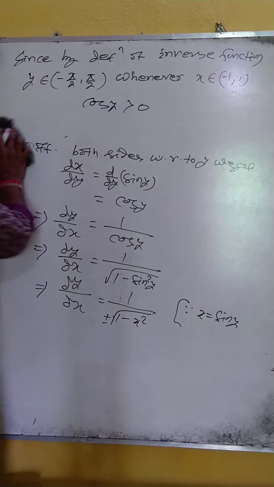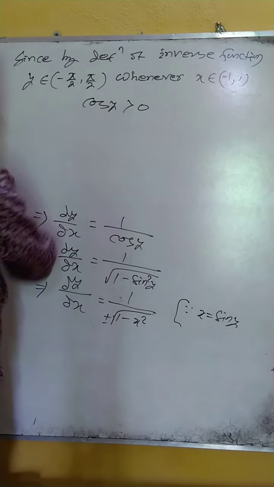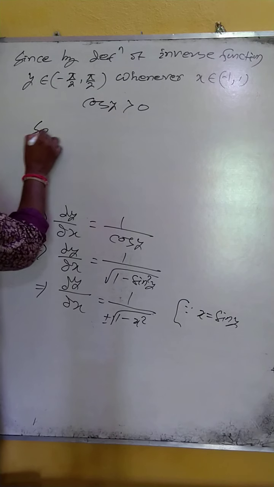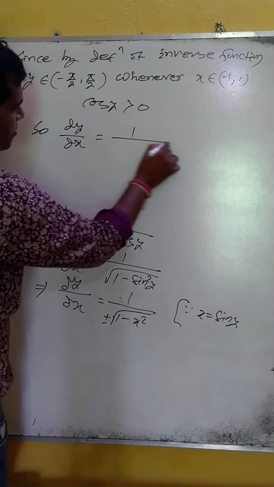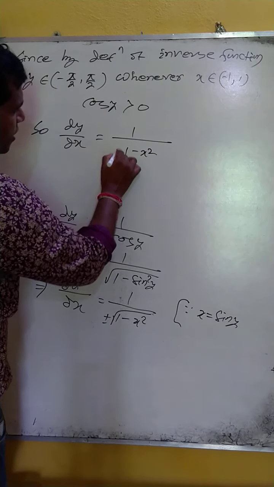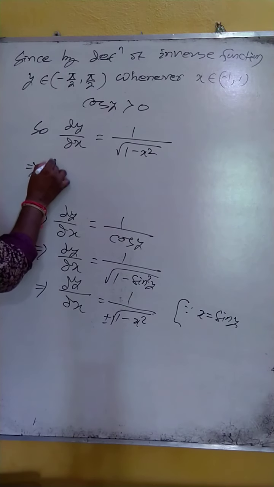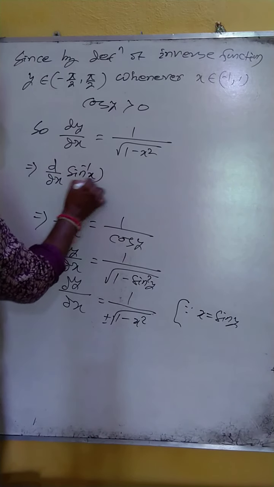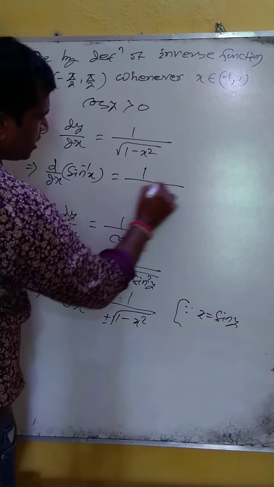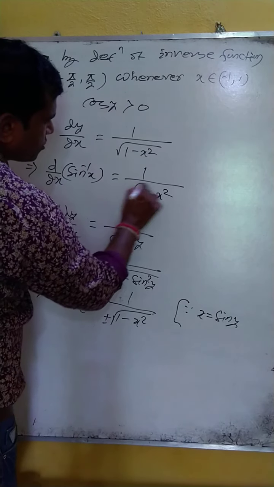So here we choose only positive sign. So dy by dx is equal to 1 by root over 1 minus x square. That implies d by dx of sin inverse x is equal to 1 by root over 1 minus x square.